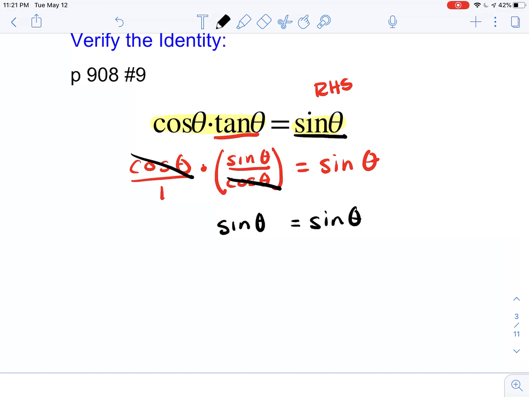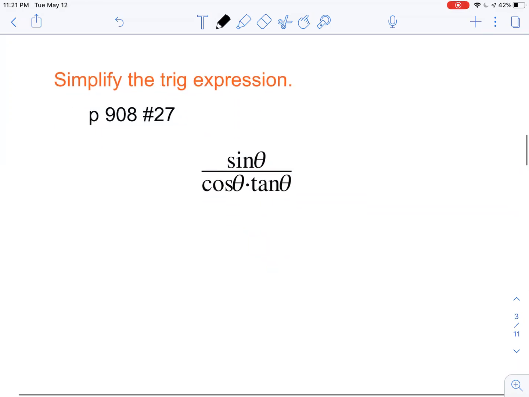Okay, so sometimes they just tell you to simplify. So the only difference really between verifying and simplifying is that they give you the form that they wanted to see. We wanted to see sine of theta. Here, we have to just do manipulating as best as we can to get it in its most simplified state.